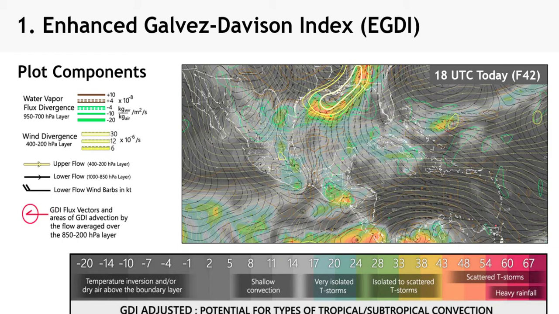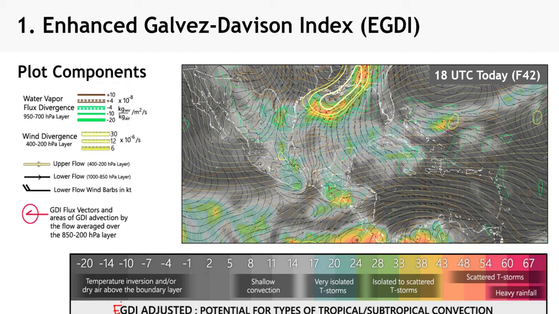Okay, so this is a plot of the enhanced GDI, and you can see we have a legend under each of the plots in the website. The enhanced GDI itself, the EGDI, the values are kind of similar to the GDI.